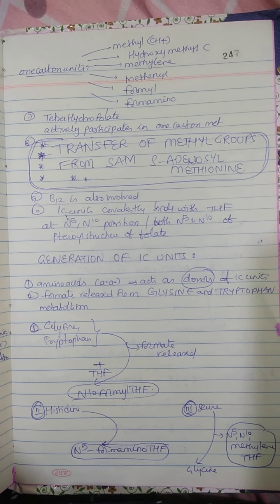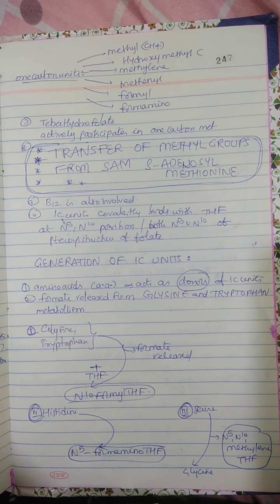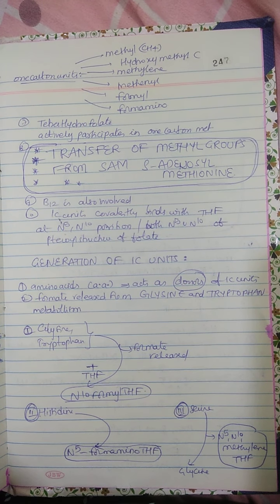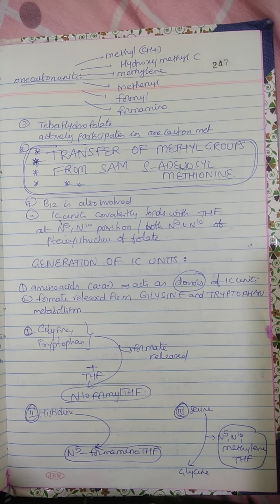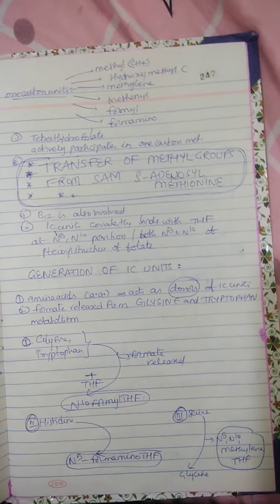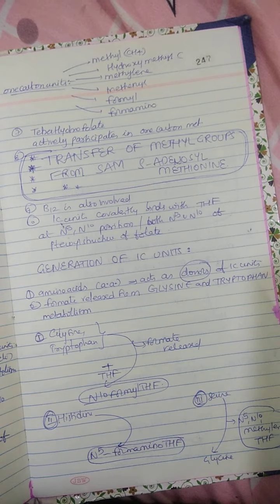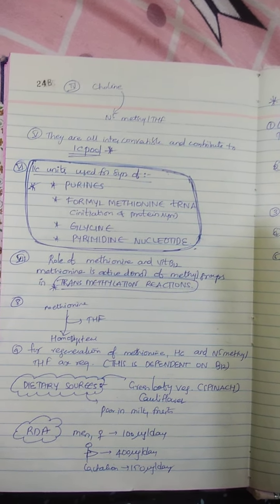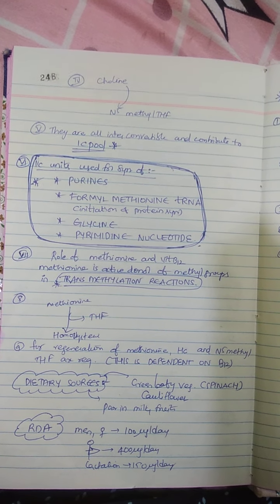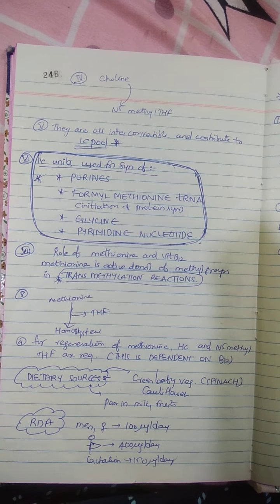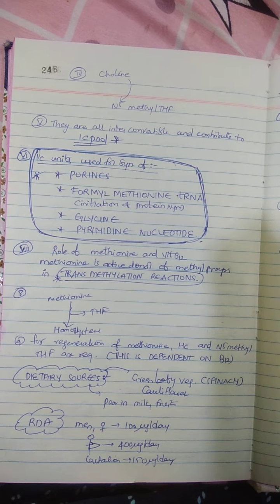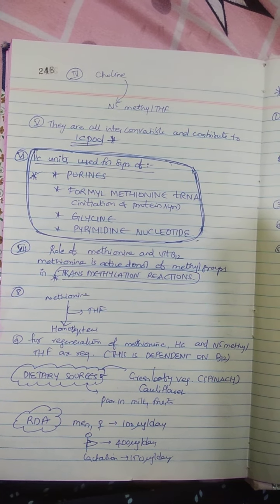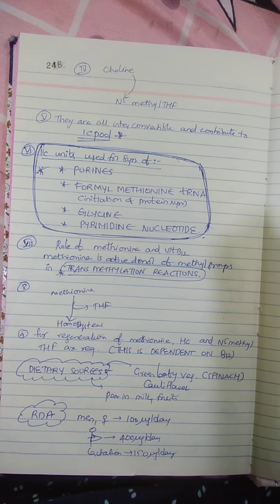So it is nothing but the exchange of 1-carbon units occurring here. One-carbon units are used in the synthesis of purines, formyl methionine tRNA, glycine, and pyrimidine nucleotide. So PFGP: purine, formyl methionine tRNA, glycine, and pyrimidine nucleotide.